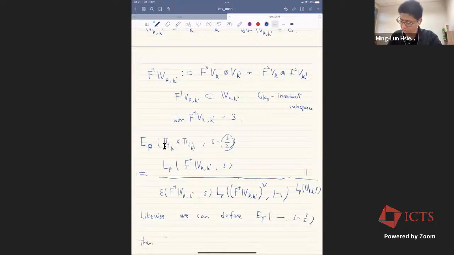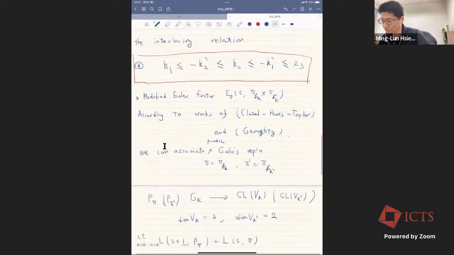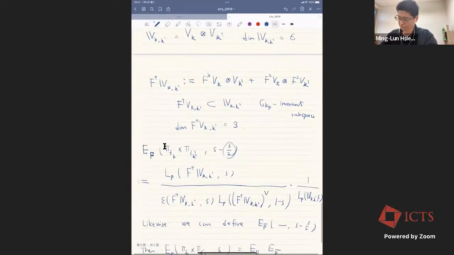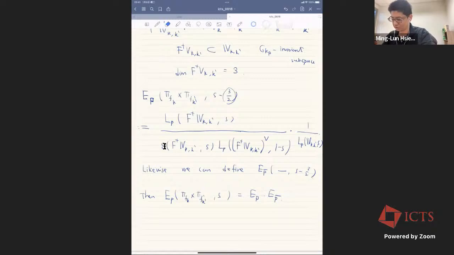Then the modified Euler vector is the product of these two, E_p and E_p bar.